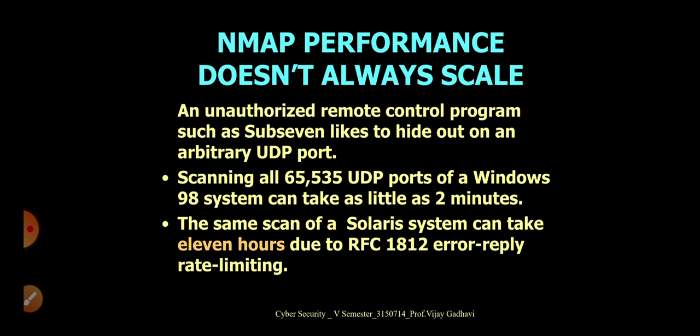Here we scan all ports, that means 65,535 UDP ports, scanned within 2 minutes by using the NMAP tool. The same scan of a Solaris system can take 11 hours due to RFC 1812 error reply rate limiting.